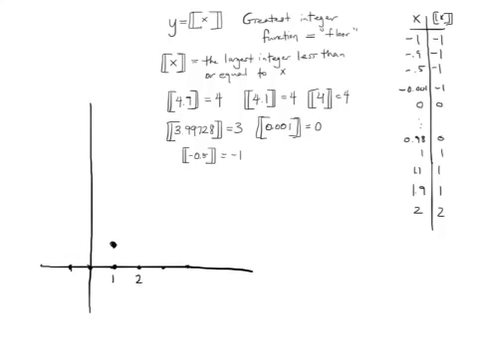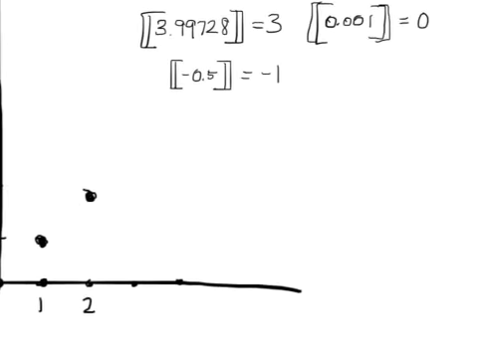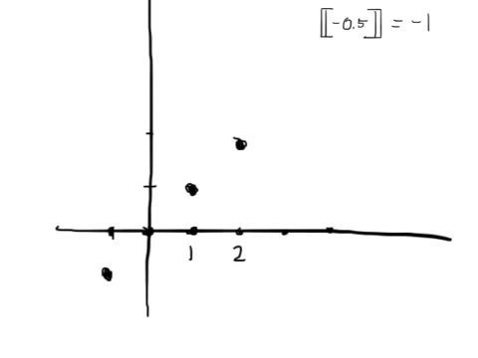And when x is 2, y will be 2. When x is 0, y is 0. When x is negative 1, y will be negative 1. Okay, so let's actually zoom in on this to get the details nice and clean.